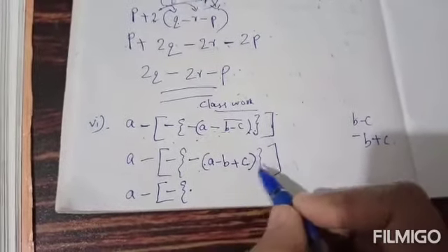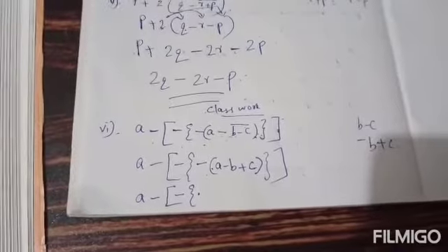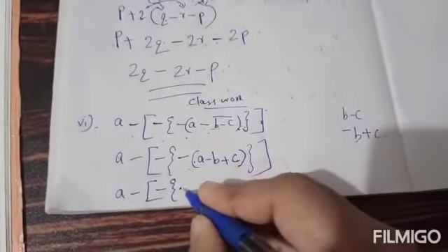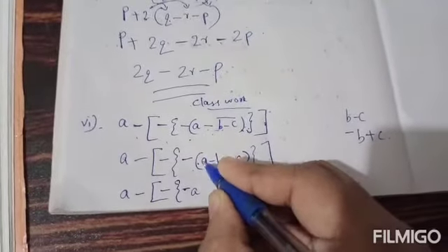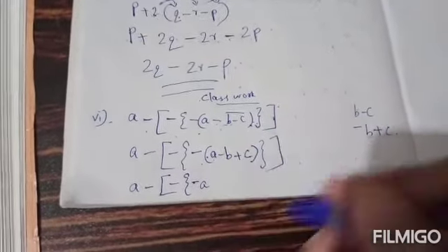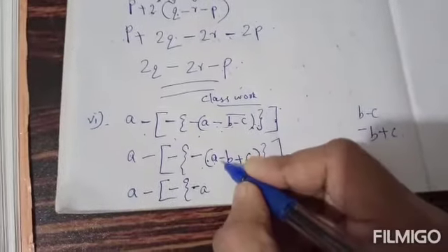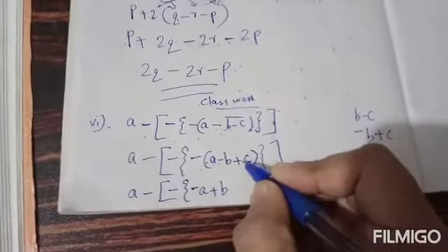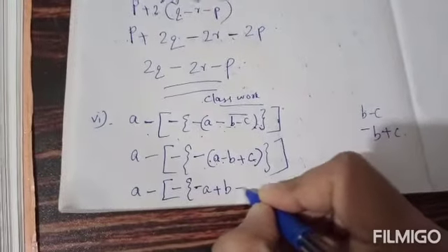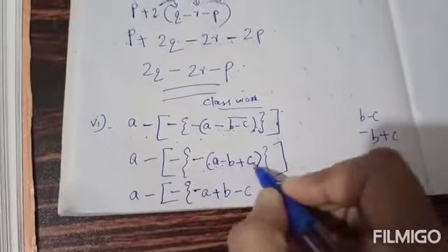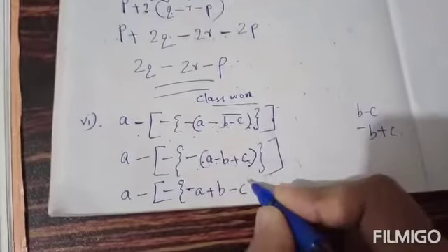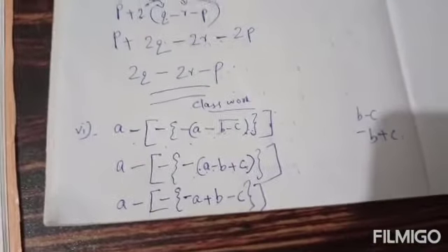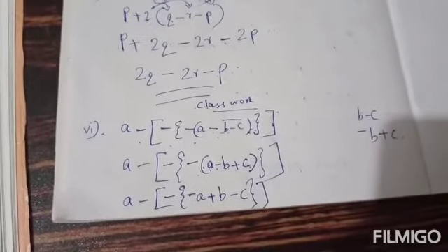So while opening this bracket you need to change the sign of terms. Okay, so a will become minus a. A means it is positive a, that will become minus a. Minus b will become plus b. Plus c will become minus c. So now small brackets are opened, remaining curly brackets and a square bracket. Next which bracket? Curly brackets.